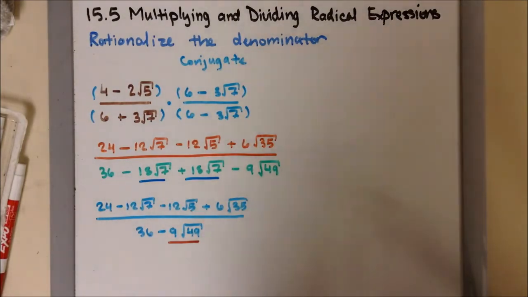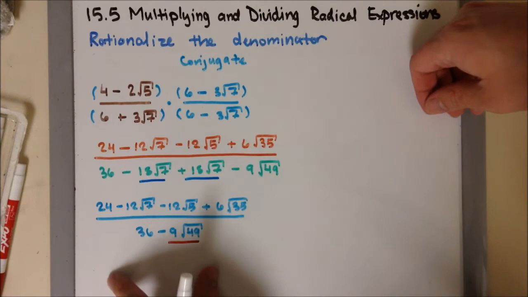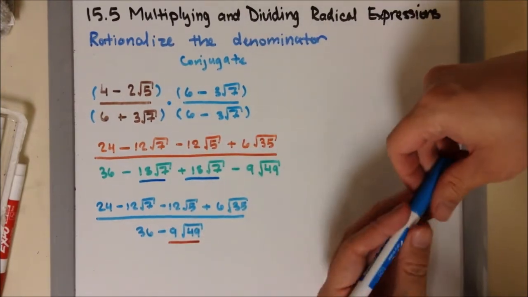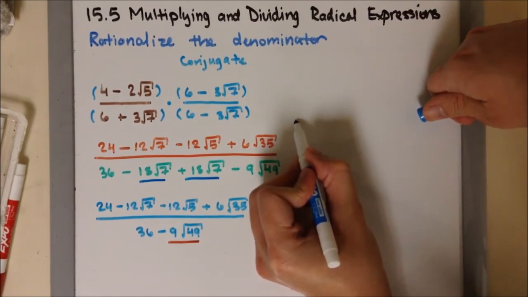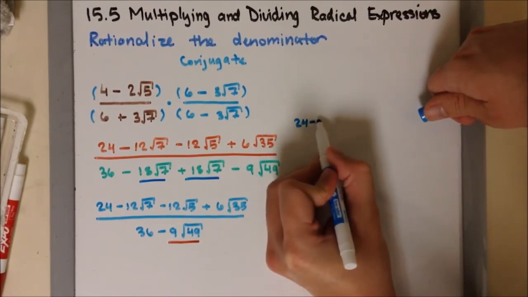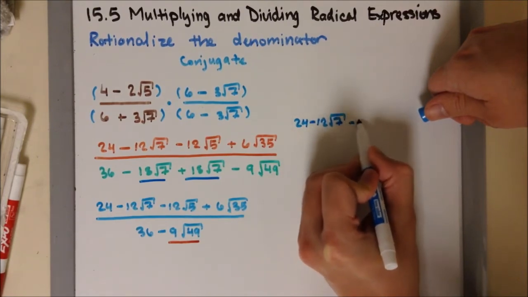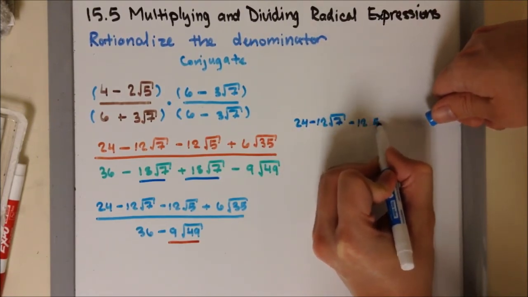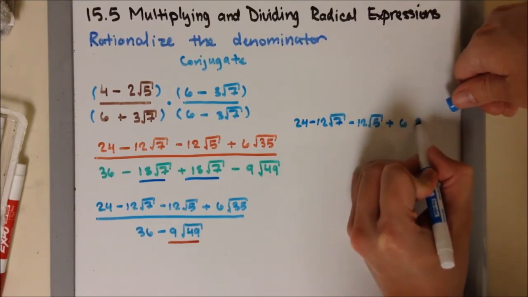So when you do that, and I'm going to write the work here since I'm running low on space. Here we're going to have, again, the numerator stays the same. 24 minus 12 square root of 7 minus 12 square root of 5 plus 6 square root of 35.